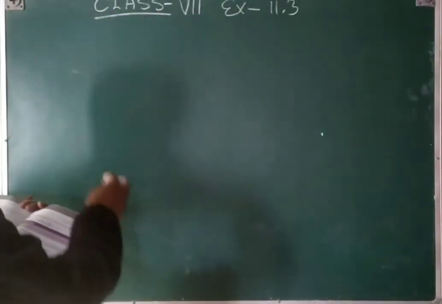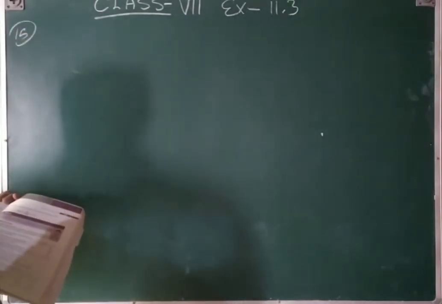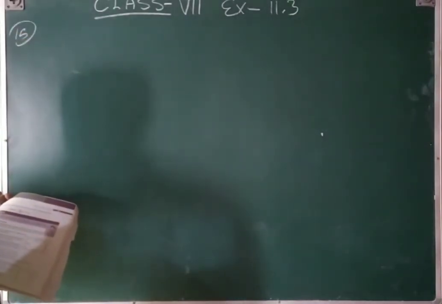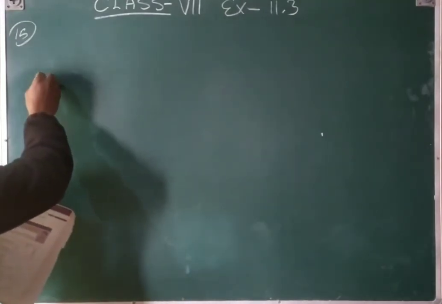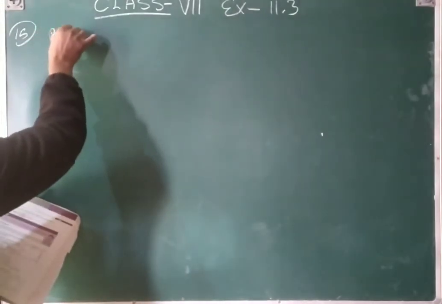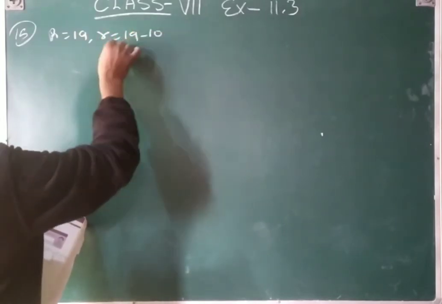So that 15th question: find the circumference of the inner and outer circle. So in the adjoining figure, first of all, capital R is given 19, and then small r is equal to 19 minus 10, that is 9.